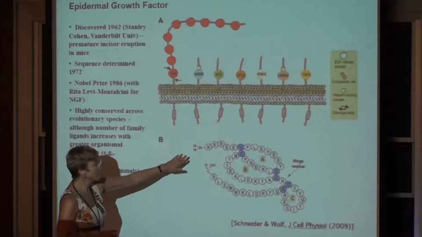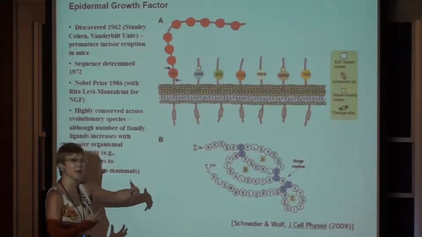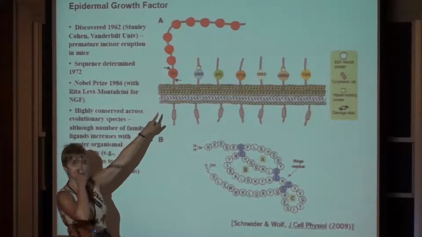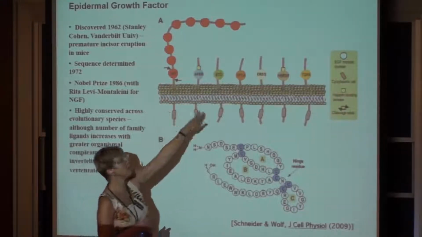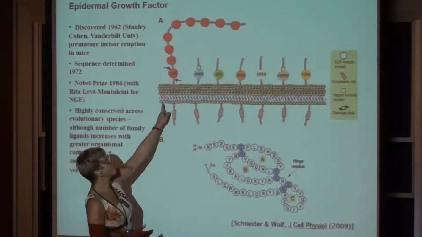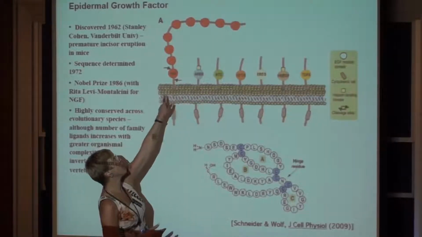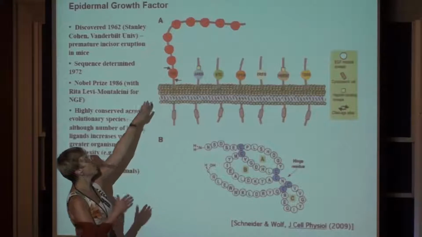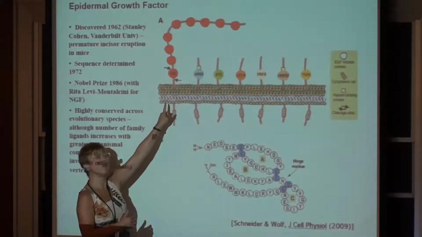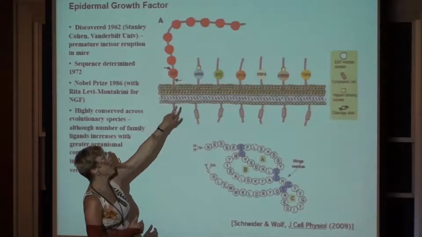But so it plays a big role in epidermal development. But it turns out it's a prototypical molecule of many similar molecules that can bind to the epidermal growth factor receptor. So what's shown here are epidermal growth factor, which is made as this huge molecule, and then it's processed to just give that little motif shown there.